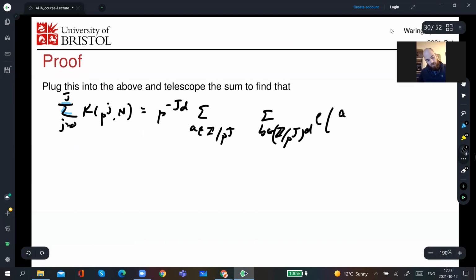Again, e of a b squared minus n all over p to the big J.